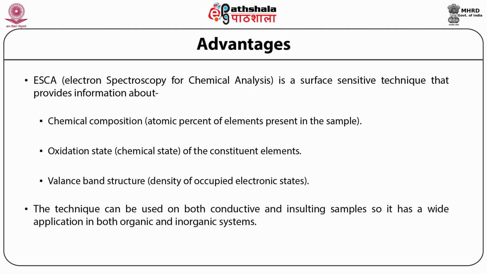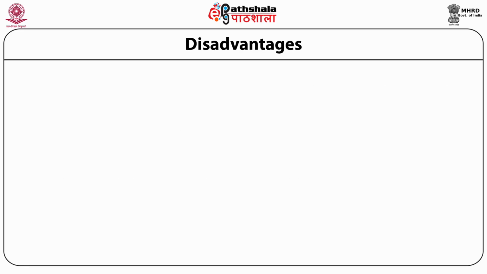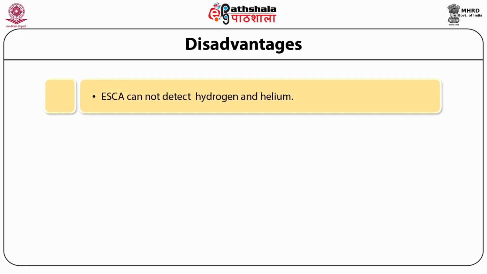The technique can be used on both conductive and insulating samples, as it has a wide application in both organic and inorganic systems. So this technique is useful for organic systems as well as inorganic systems, which one rarely finds. The disadvantages of this spectroscopy: ESCA cannot detect hydrogen and helium.